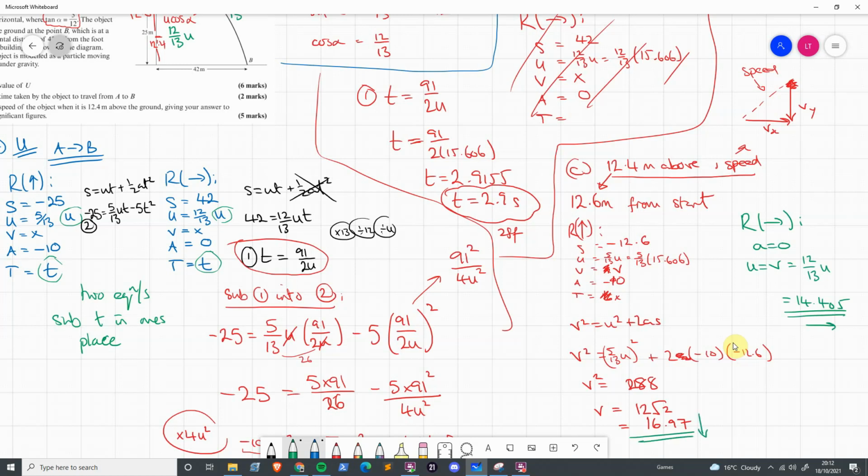So if I create a little diagram from that, 14.405, 16.97, my speed is that direct across.